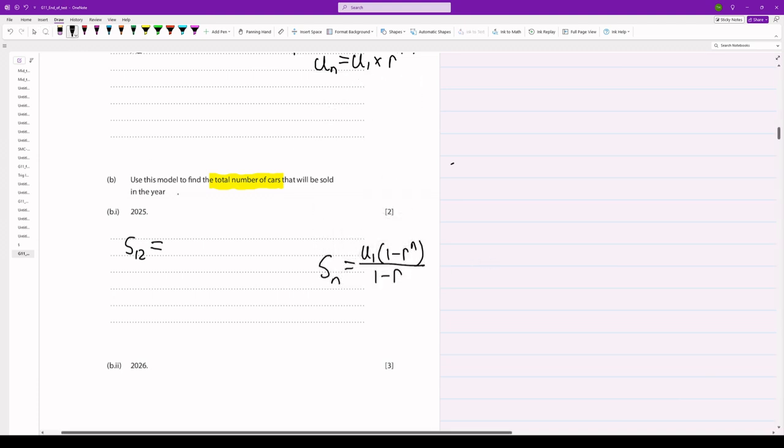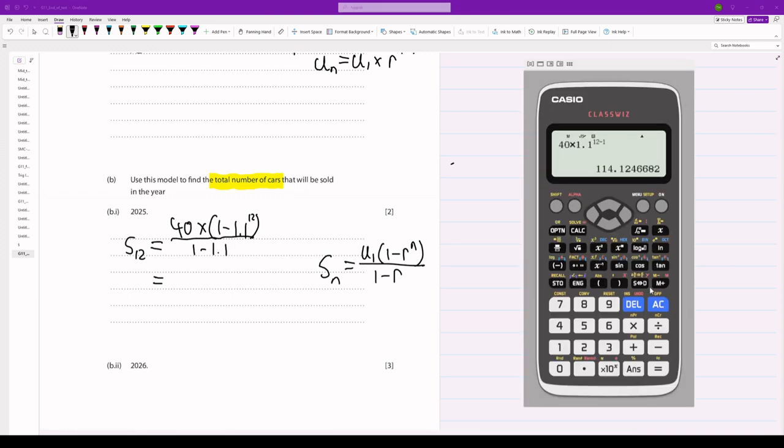So U1, which was 40, multiplied by 1 minus 1.1 to the power of 12, all divided by 1 minus 1.1. That will be equal to, return of trusty calculator, 40 multiplied by 1 subtract 1.1 to the power of 12, all divided by 1 minus 1.1, which is 855.